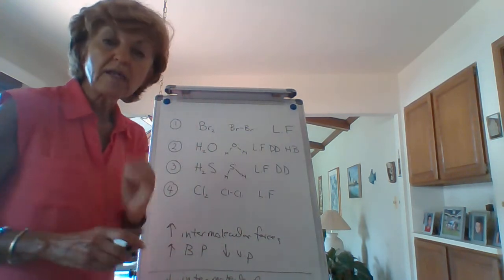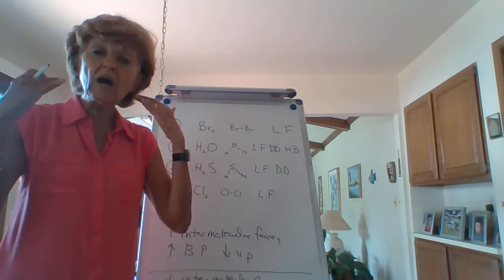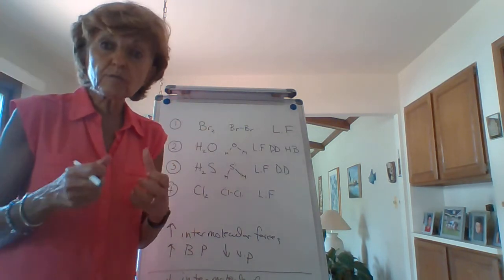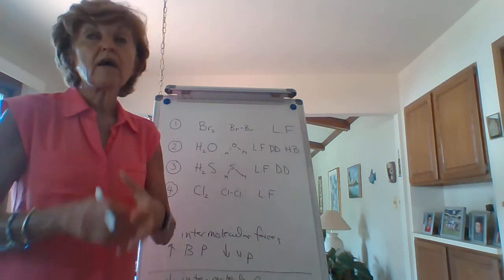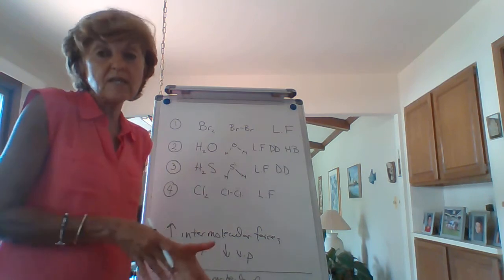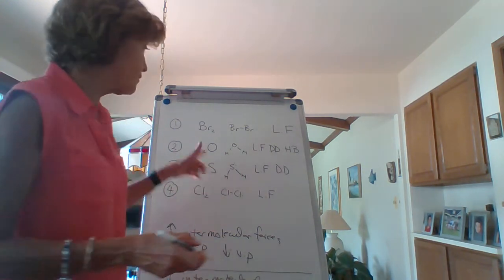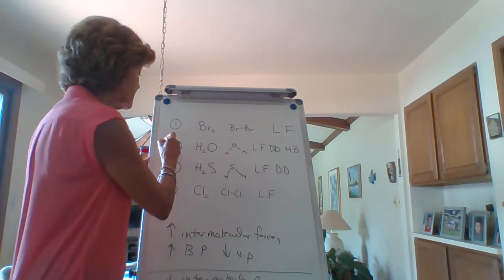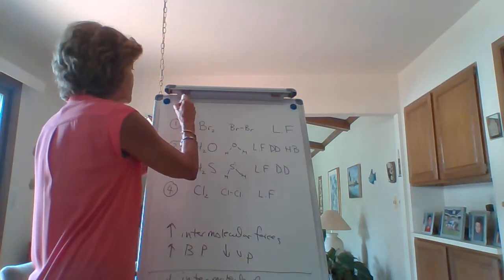Okay, good. Now, what if the question was, which one has the highest boiling point? Because it's got the most intermolecular forces, it's going to have the highest boiling point. And when it has the highest boiling point, that means it has the lowest vapor pressure. Well, which one has the most intermolecular forces? You can see here that water takes the prize. So water is going to have the highest boiling point.